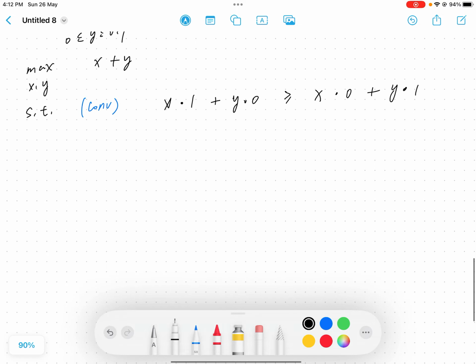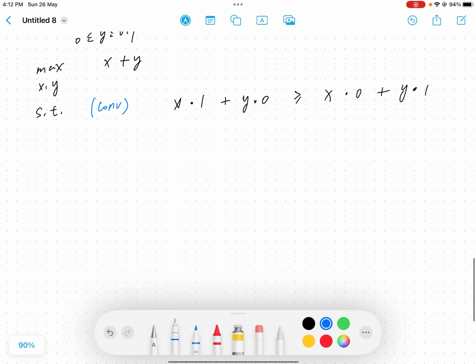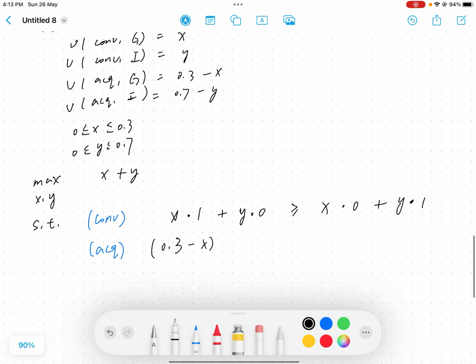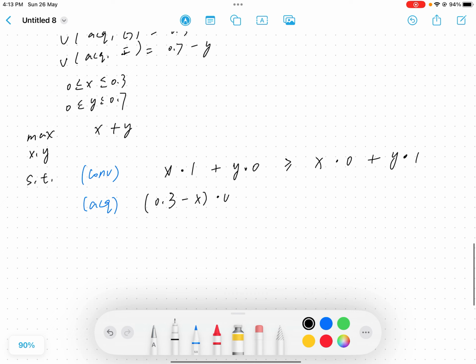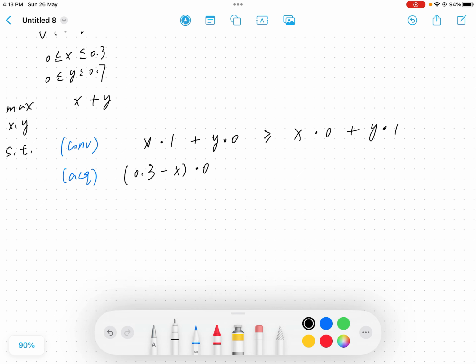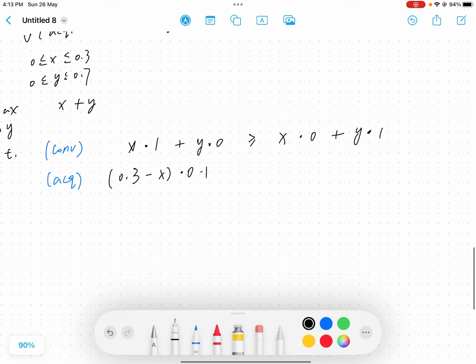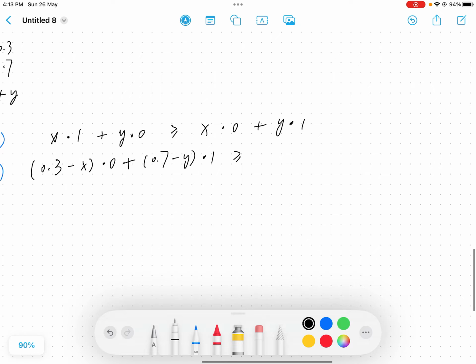For the second one, if the action is acquit, then similarly we have the utility from listening to the advice. This is 0.3 minus x multiplied by 0, plus 0.7 minus y times 1, and this should be greater than or equal to the case where there's deviation.